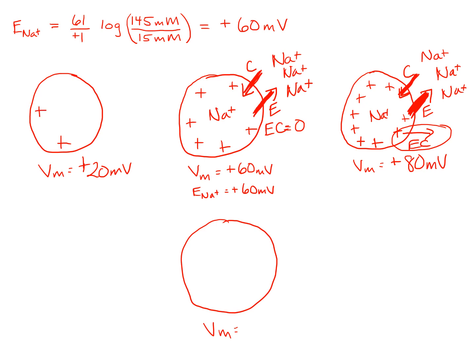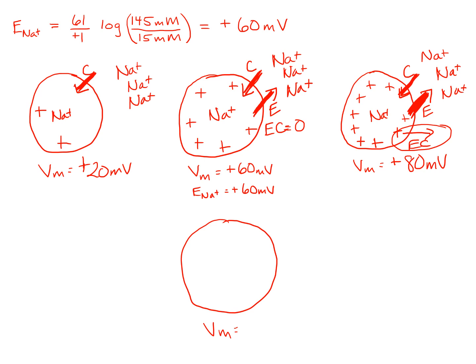We don't have as many positives as we did at plus 60 millivolts. Okay, and the amount of sodium is the same. We haven't changed that. So our chemical driving force is the same. We're going to draw that as the same thickness as what we had at equilibrium.